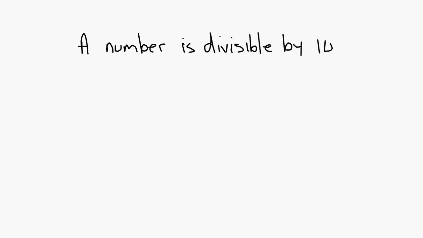It gets a little bit confusing when you get a statement like: a number is divisible by 10 if its last digit is a 0.